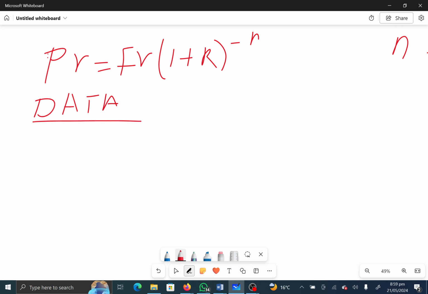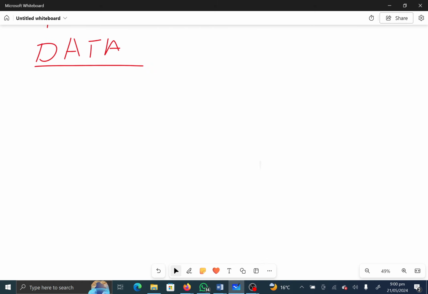Let's look at our data which we have been given in the question. We are told that 20,000 was the amount to be invested. So we'll do our diagram.